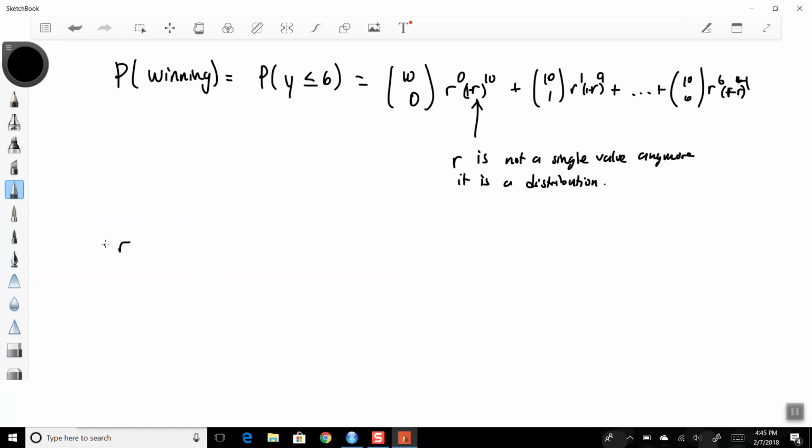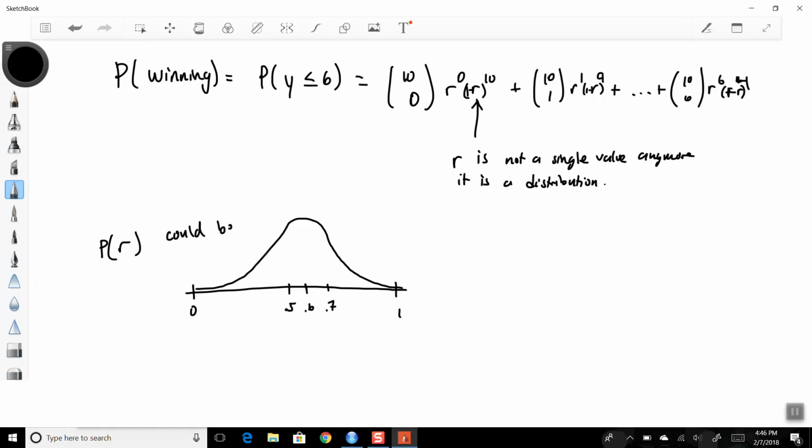R is now a probability distribution, and it's going to be something like, we think R can go anywhere from 0 to 1, and it looks like this. Maybe 0.5 is here, but based on our data, it looks like 0.6 is the max, but also 0.7 is likely, or something like this.